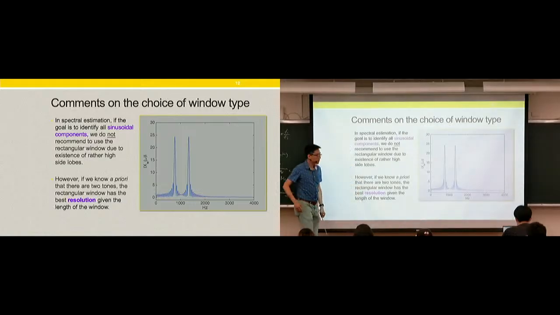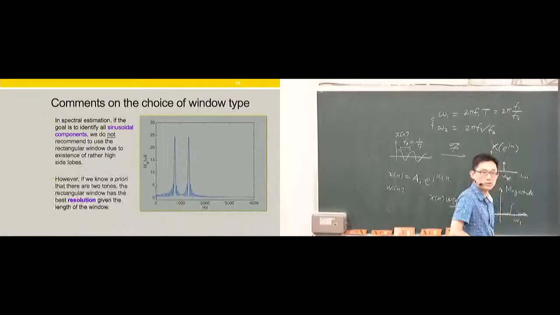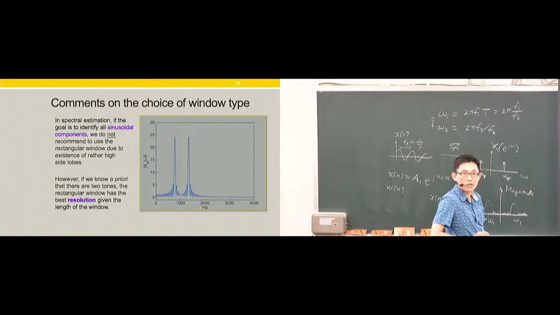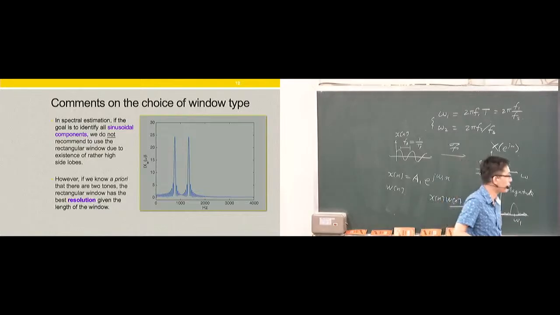Can you safely tell me that there are only two tones? Can you be sure? Are you sure there are only two tones, simply by looking at the frequency domain result? Can we just be so confident that there are only two tones and nothing more?